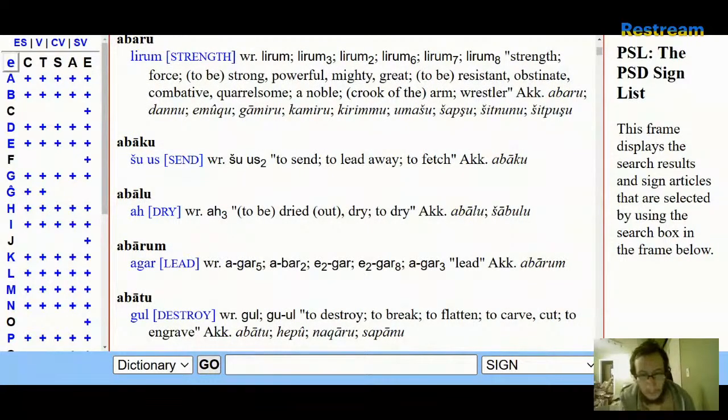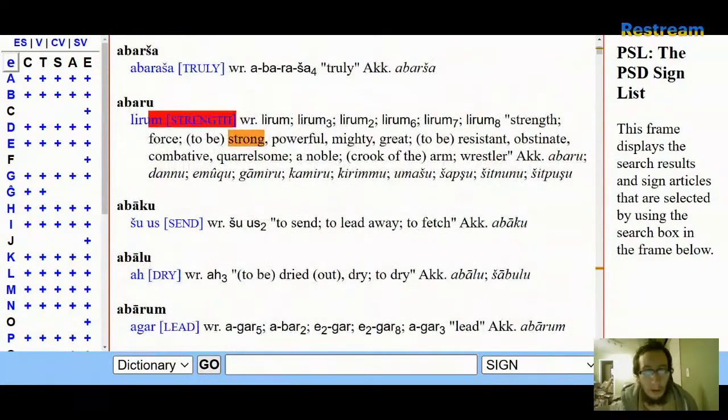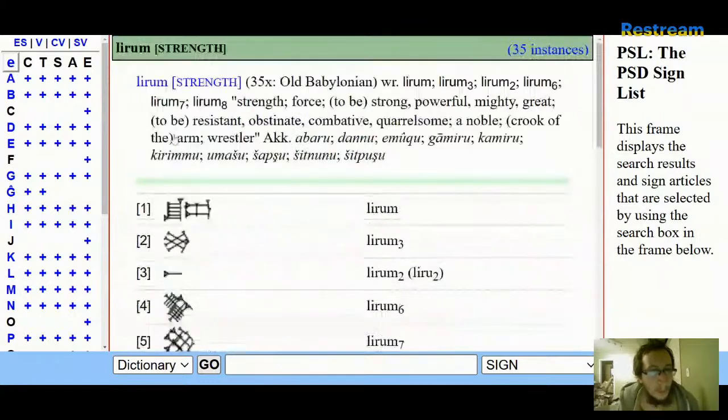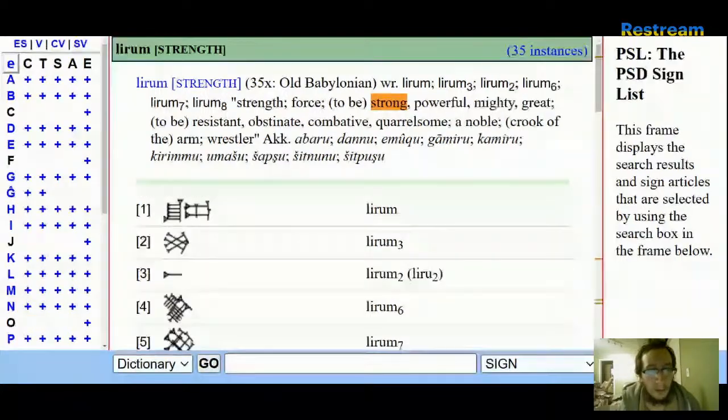Hold on, strong, abar. Here it is, abar. Let's see. Hold on a second. Lerum. See if it. One sec, guys. Baru.